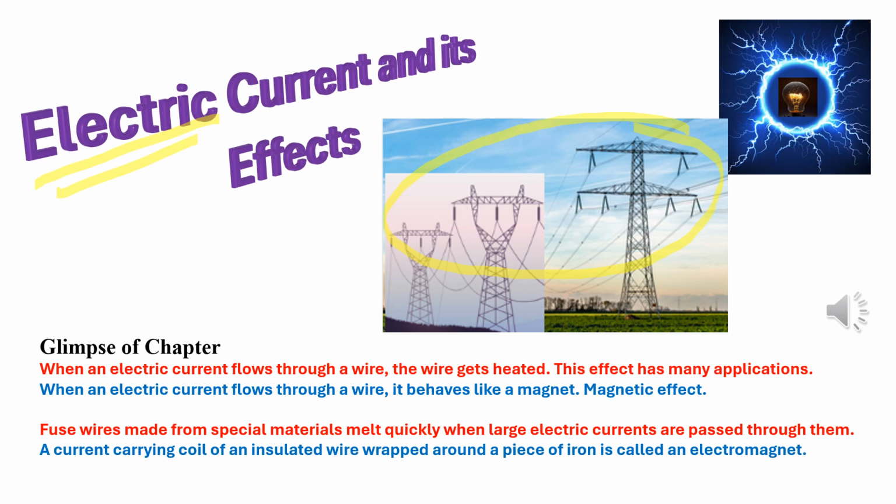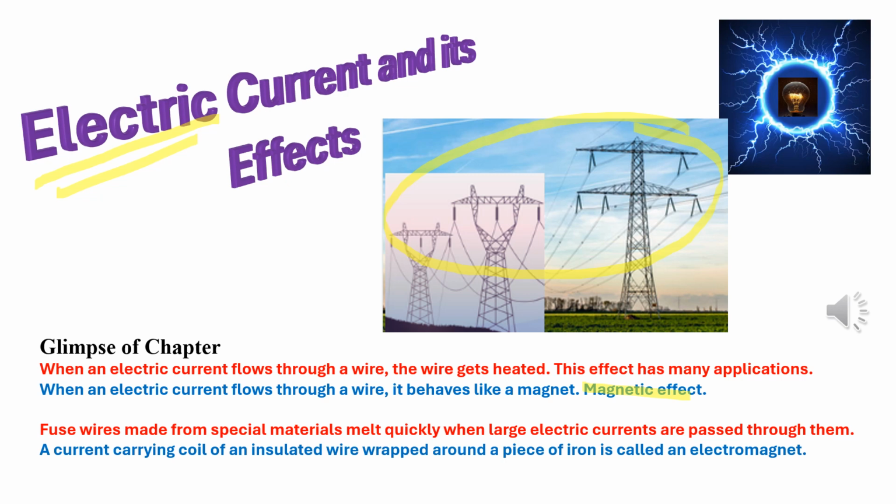So the glimpse of this chapter is that electric current flows through a wire, then the wire gets heated. So how exactly, what are the magnetic effects associated, what are the heating effects? And one very interesting aspect that I would like to mention, you should not go near these high tension wires, but if you have ever noticed, you can hear a type of noise close to these high tension wires.